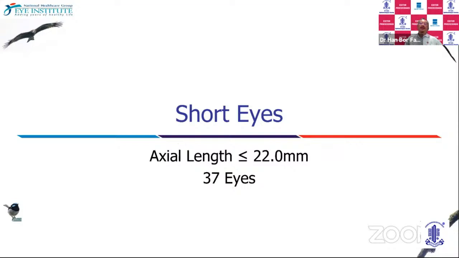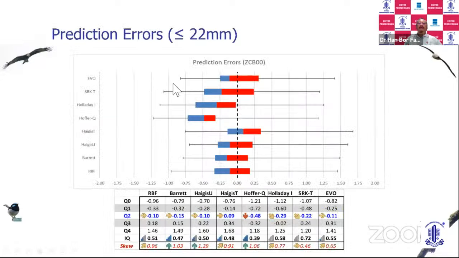We don't have that many short eyes. It's less than 22 mm, 37 eyes. Here, our data from this exhibit show that the Hoffer Q, Holladay 1, and SRK/T tend to end up over-predicting, with the patient ending up with myopia. For this group, RBF is good, Barrett is very good, EVO is also good, Haigis is not too bad.